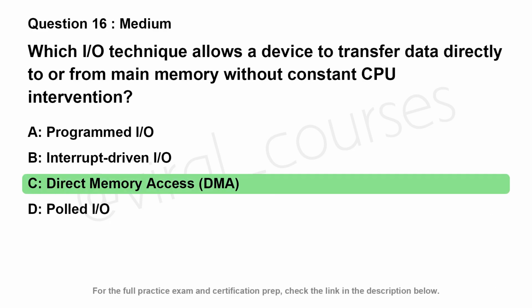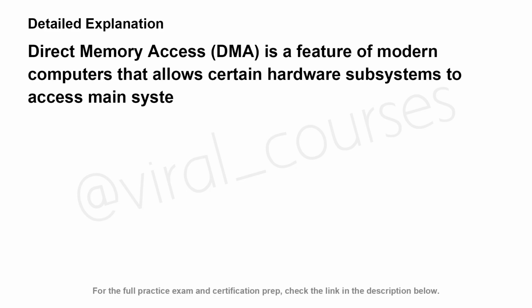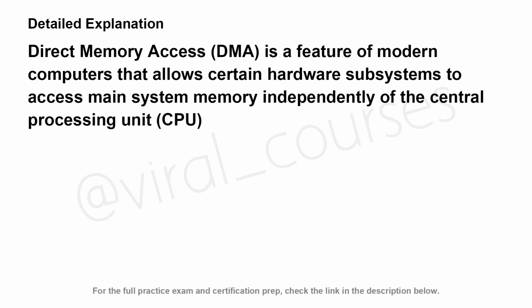The correct answer is C. Direct memory access, DMA, is a feature of modern computers that allows certain hardware subsystems to access main system memory independently of the central processing unit, CPU.